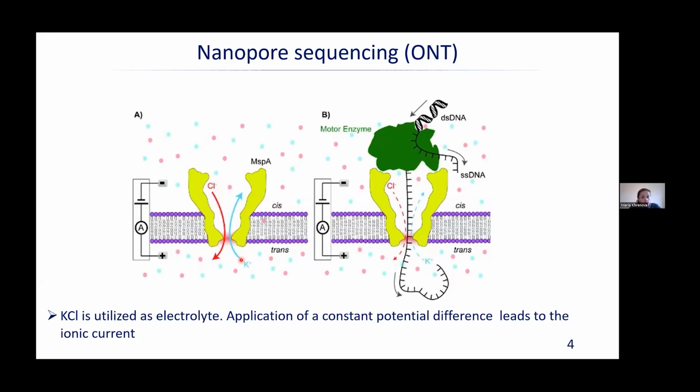This ionic flow can be measured by a specific device incorporated in the nanopore sequencing device. If you put DNA inside the pore, it blocks some of the pore cross-section, and the ionic flow decreases.